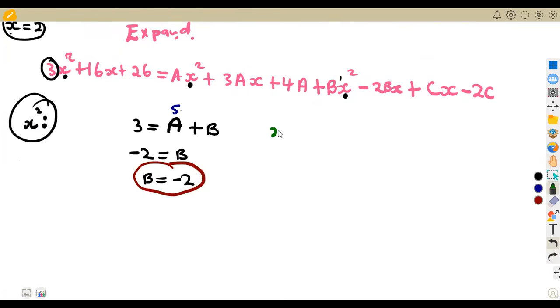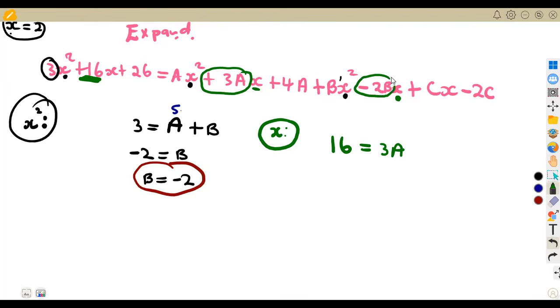So if we work with the coefficient of x in this case, it follows that the coefficient of x on the left-hand side, which is 16, must be equal to everything that is a coefficient of x on the right-hand side. So here we have 3ax, so the coefficient there is 3a. We have another x here, which is minus 2b.